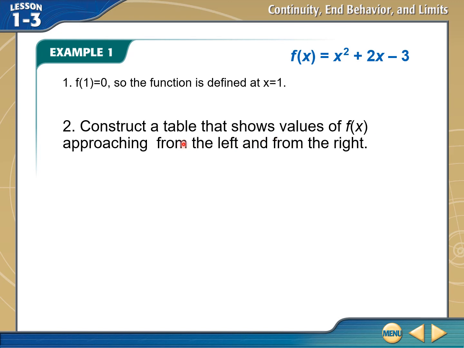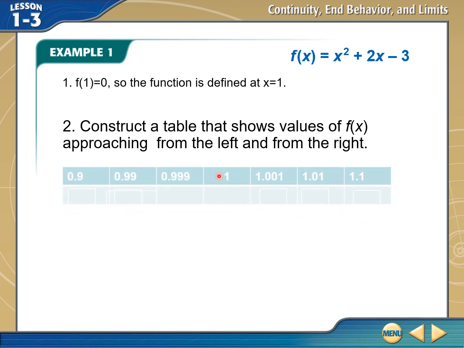Number 2, construct a table that shows the values of f of x approaching from the left and from the right. And here I am testing the limit of the function. So the table is over here. I'm going to add 1 in the middle because this is my c, and a couple of numbers greater than 1, maybe 1.001, 1.01, 1.1, and 3 numbers less than 1, for example 0.999, 0.99, 0.9.